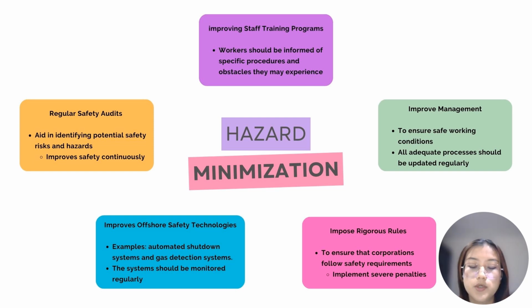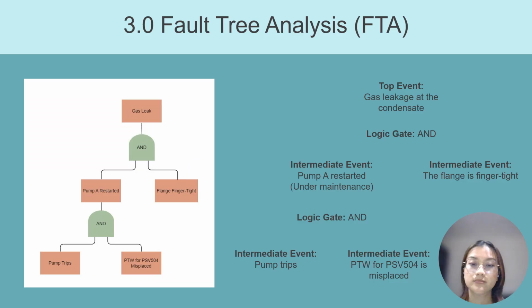Therefore, the system should be monitored regularly. Fourth, impose rigorous rules, as it ensures that corporations follow safety requirements by implementing severe penalties. And lastly, improve management, where we ensure safe working conditions and all adequate processes should be updated regularly.